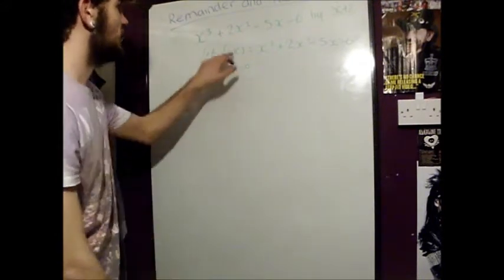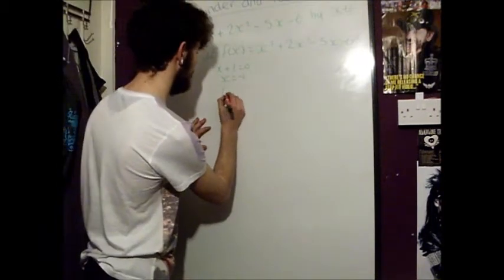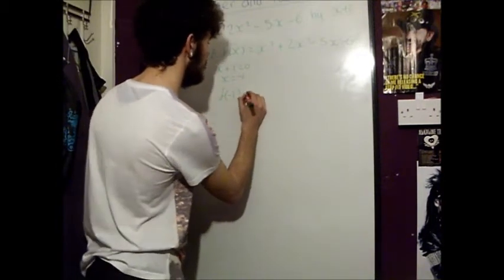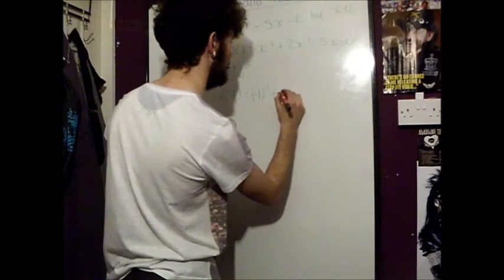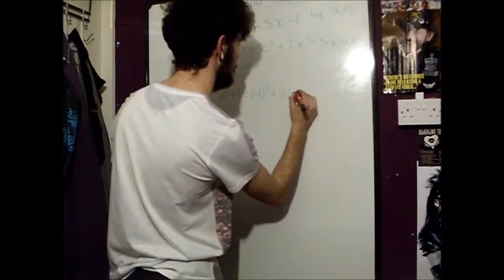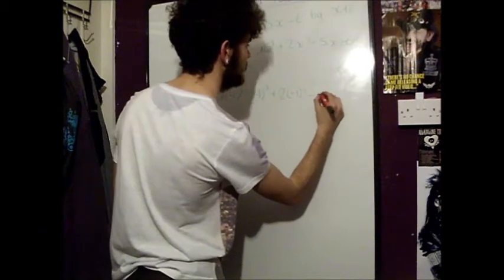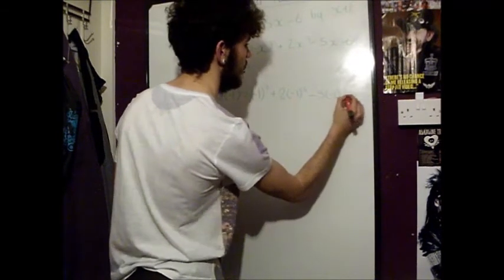Then I sub in my x value to f of x, so f of minus 1 equals minus 1 cubed plus 2 times minus 1 squared minus 5 times minus 1 minus 6.